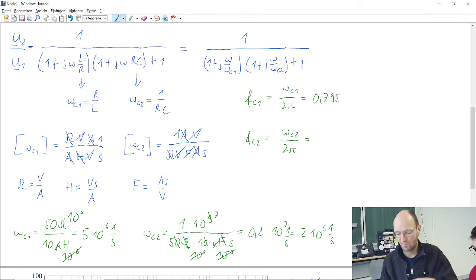Yeah, maybe I approximate that. So 0.79 megahertz. And the second one, 2 divided by 6 is 0.31, but 0.318, right?